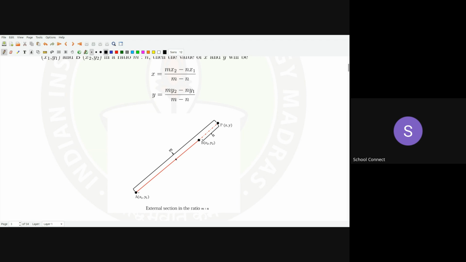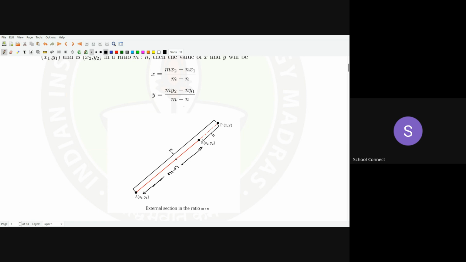So now you can see AB is divided into how many parts? So this total is m and there are n parts here. So this will be divided into m minus n parts. Yes or no? So m minus n parts from A to B and n parts from B to P together make m parts from A to P. Right?